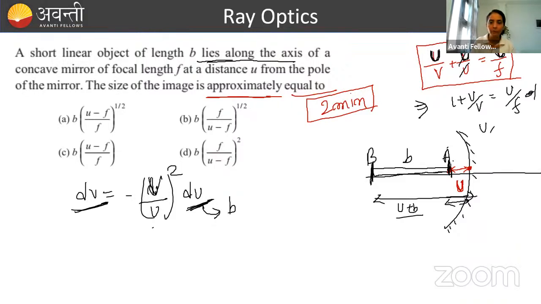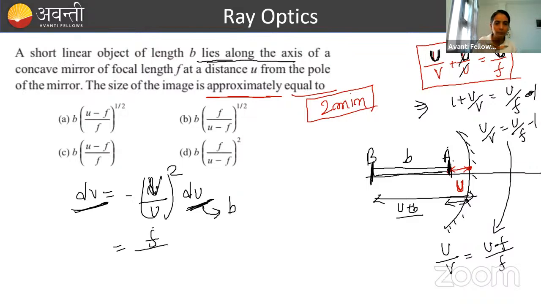So u by v will be equal to how much? u by f minus 1. So from here we can see u by v is equal to u minus f by f. So v by u will be equal to f by u minus f, whole square, into B. So this would be the correct answer.